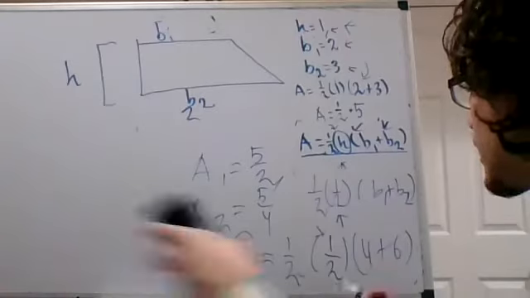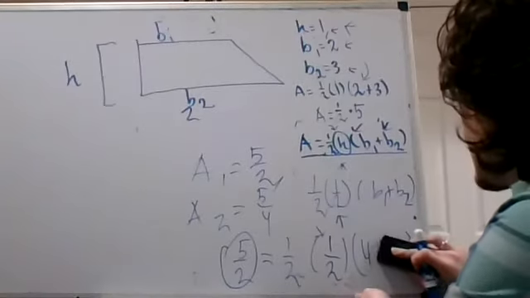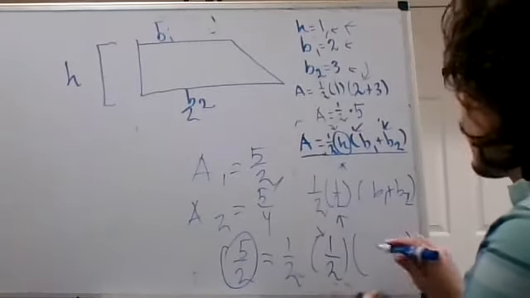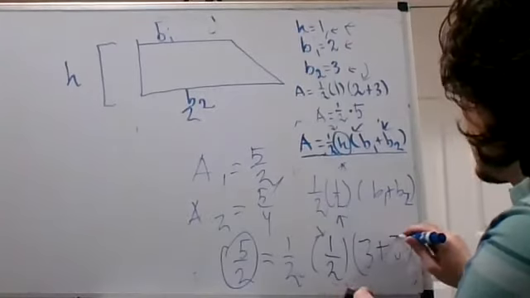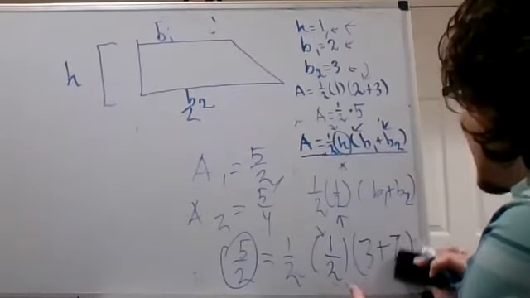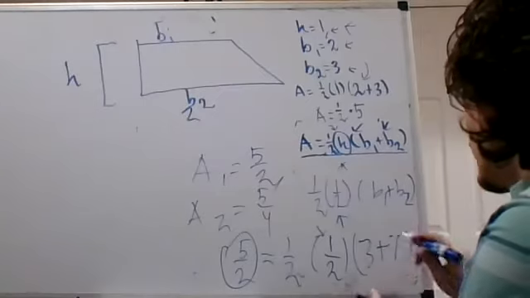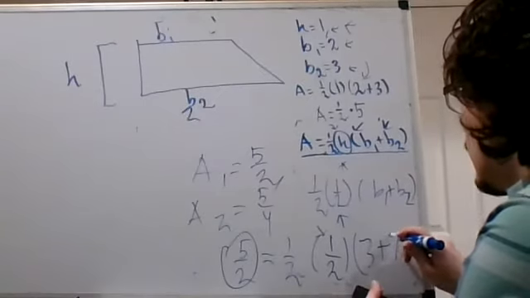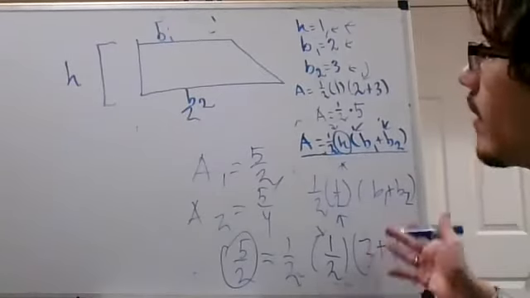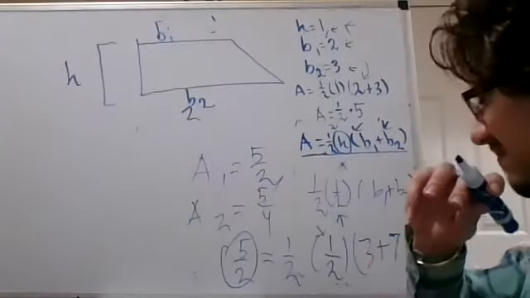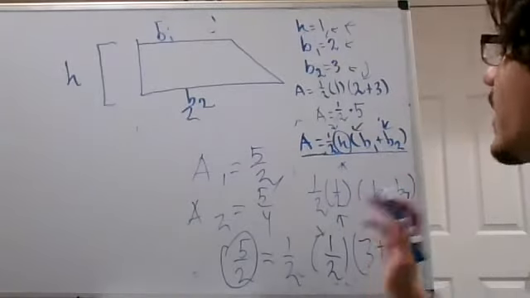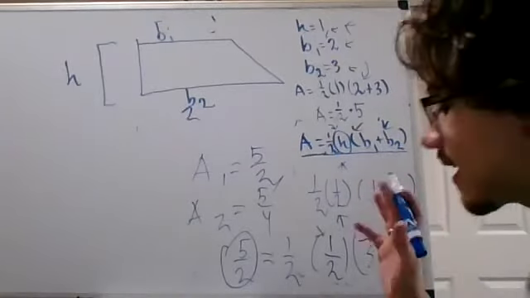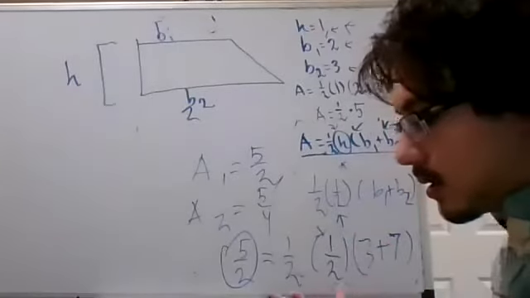But we could also change the bases so that it is, for example, 3 plus 7. What I'm trying to say is that the bases don't need to be any one thing; you can change around what each base equals and keep the area the same.